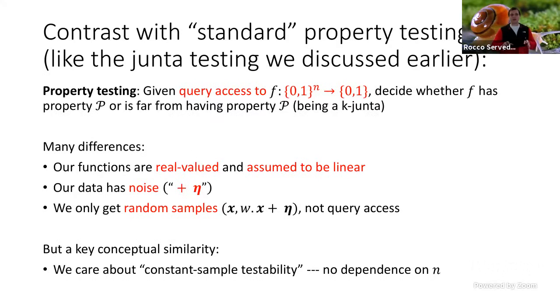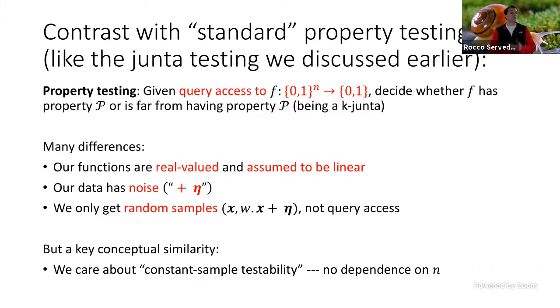So let me just back away a little bit now. I want to tell you even more general versions of the main result, but before I do that, let me draw a little bit of a contrast with the standard results in property testing that we maybe are a little bit more used to. So again, in traditional property testing, at least of Boolean functions, what's going on? We usually assume we have some kind of query access. We usually assume we're dealing with a Boolean valued function.